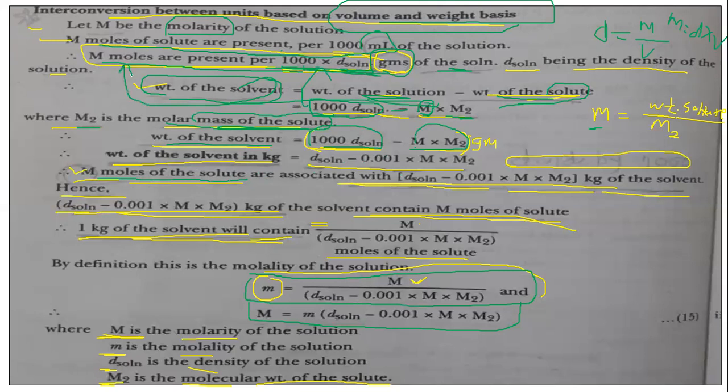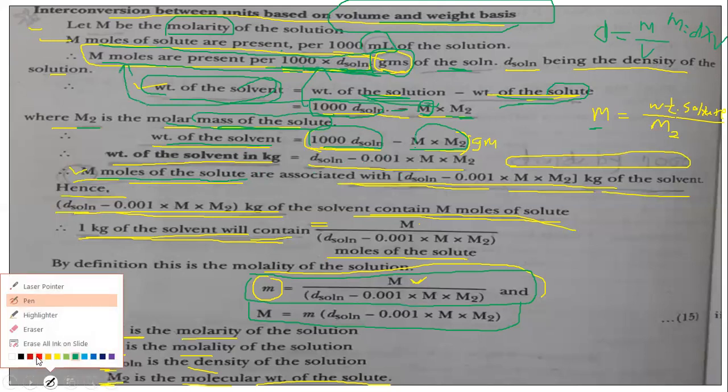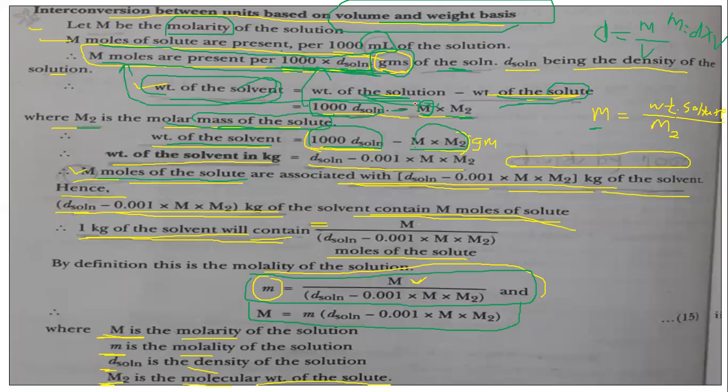I was just confused about this m, how? Yeah, see here it is. Now m is the moles of solute, right? These are the moles, and what is m2? Here it is, right? Now see, you are converting it into kg.